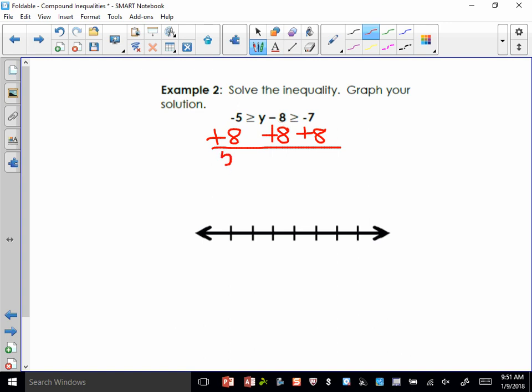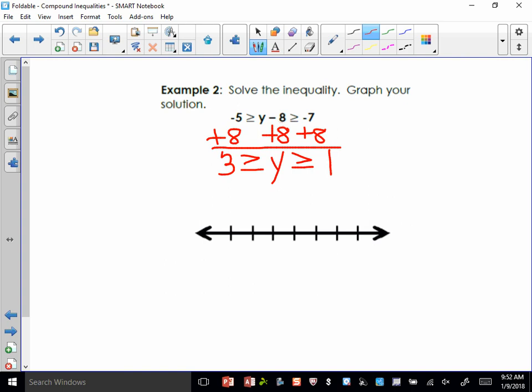This will give me 3 is greater than or equal to y, which is greater than or equal to 1. Now remember I said in set builder notation we really want it written from least to greatest.